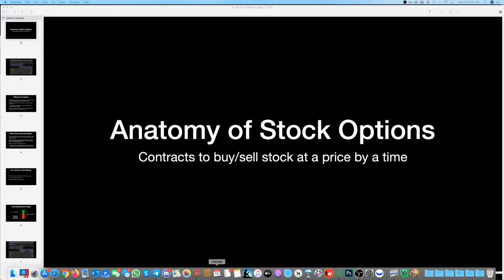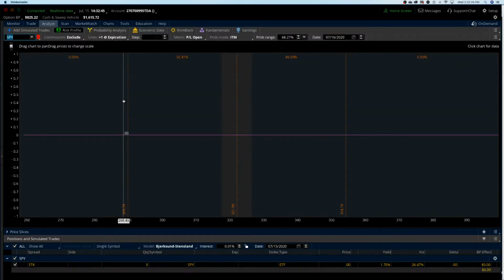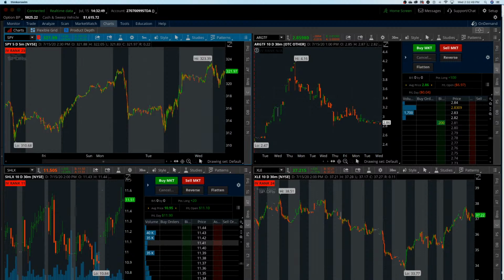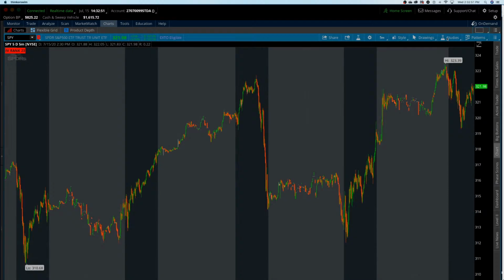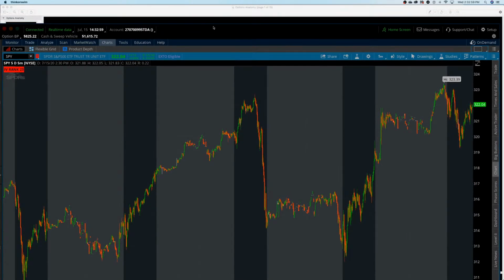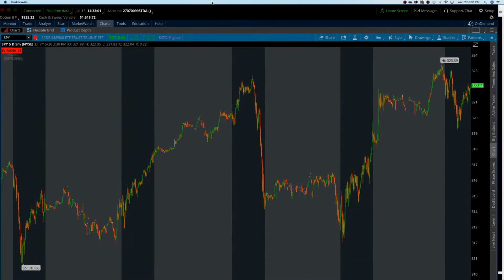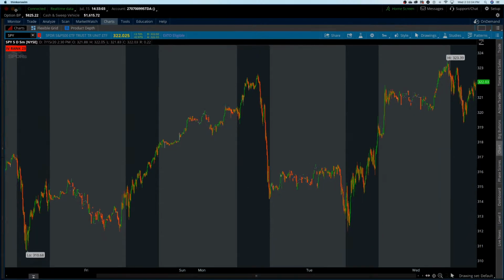Let's see if we can bring up a chart here of the SPY, and we'll tinker with that. So here we are. Here's the SPY, the S&P spiders. This is a 5-minute chart.